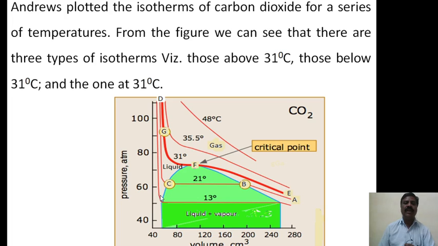Now, Andrews plotted the isotherms of carbon dioxide for a series of temperatures. From the figure, we can see that there are three types of isotherms: those above 31 degrees Celsius, those below 31 degrees Celsius, and the one at 31 degrees Celsius.